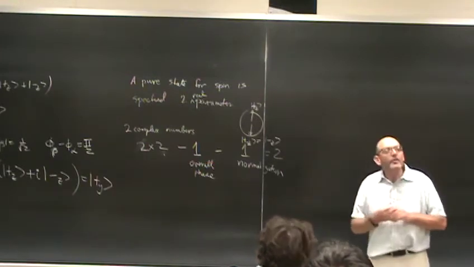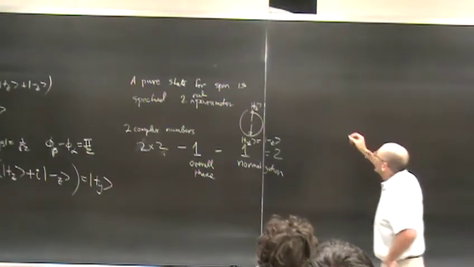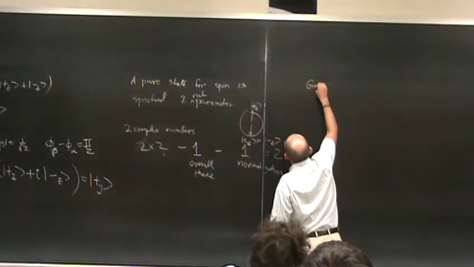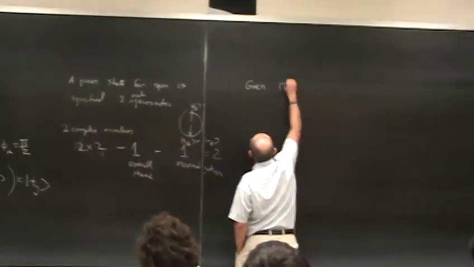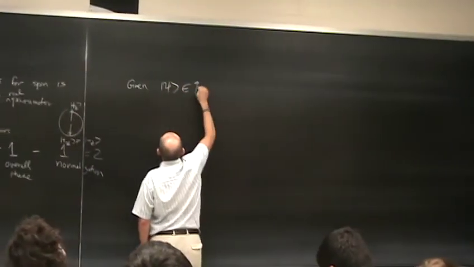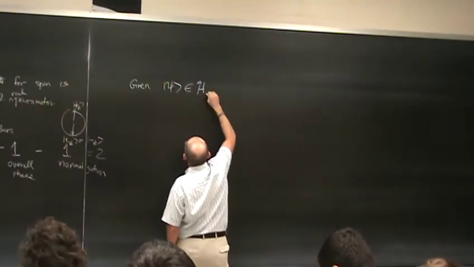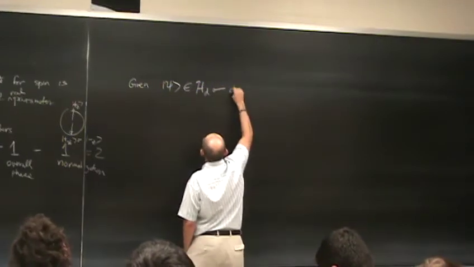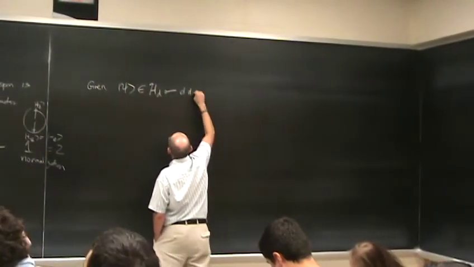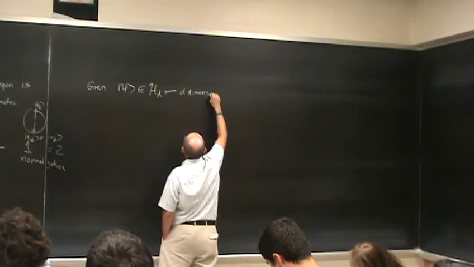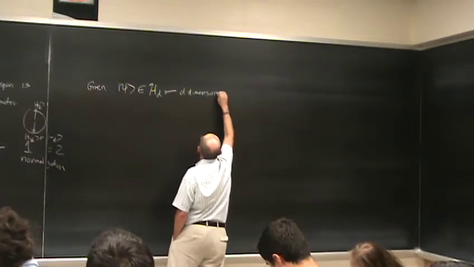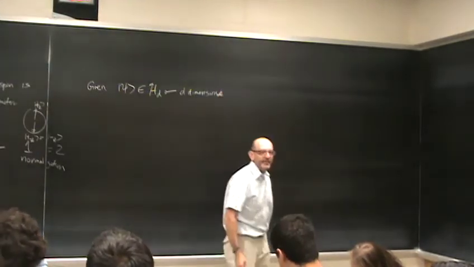All right, so now I have a question for you. Given a pure state in a d-dimensional Hilbert space, okay, this was a two-dimensional Hilbert space, but suppose I have d dimensions.